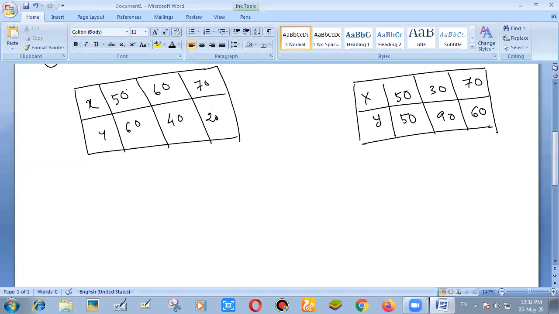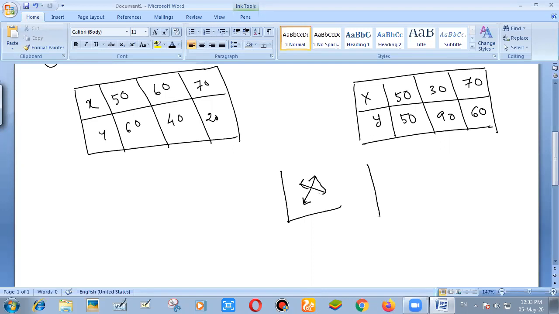And yesterday I told you that if two lines are parallel, then they have how many solutions? Suppose two lines represented by two equations, and if the two lines intersect each other, then they have how many solutions? Suppose this is one line, and this is another, yes, one solution.